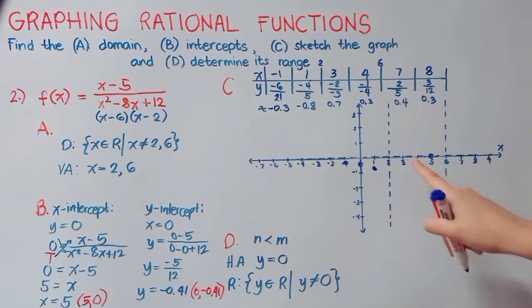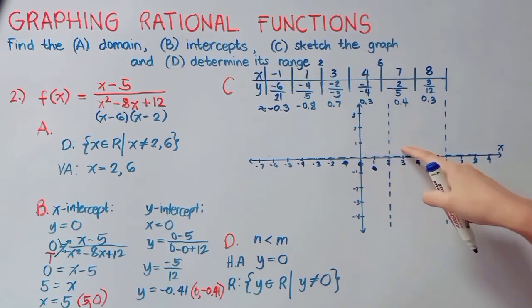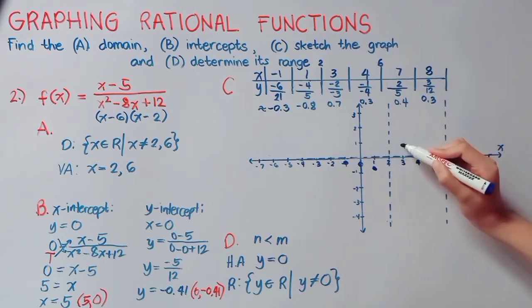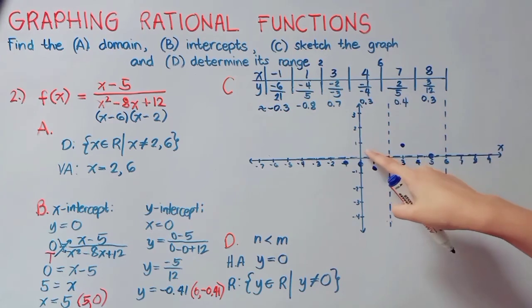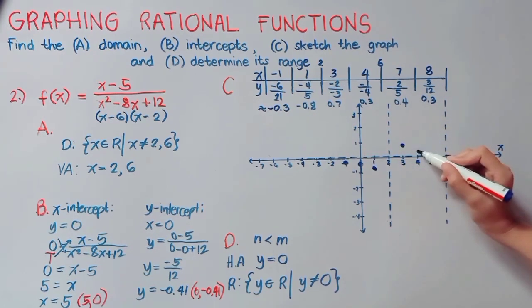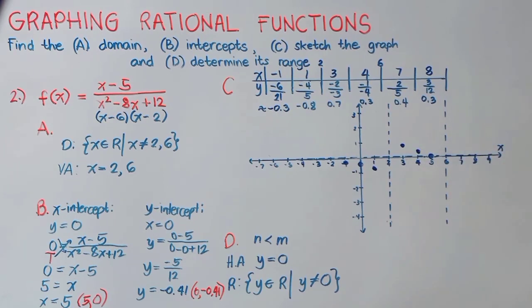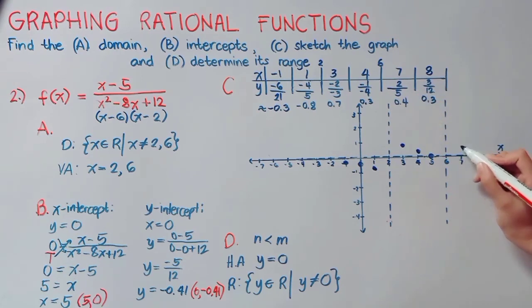And then we have 3, 0.7, so it's this point. And then 4, 0.3, just below here. And then we have 7, 0.4, so it's here. And then 8, 0.3, so just a little below here.